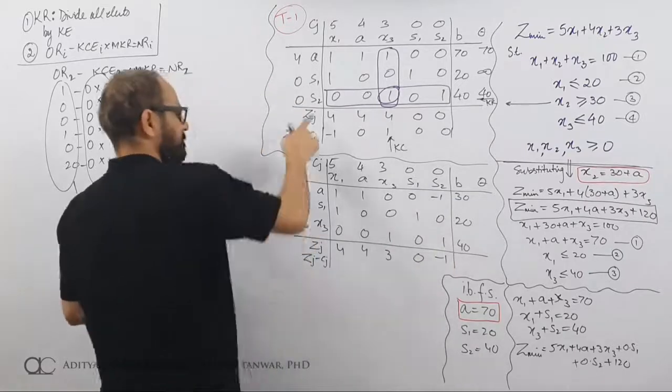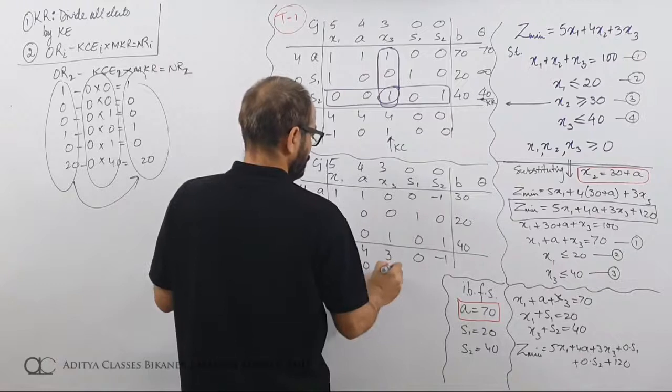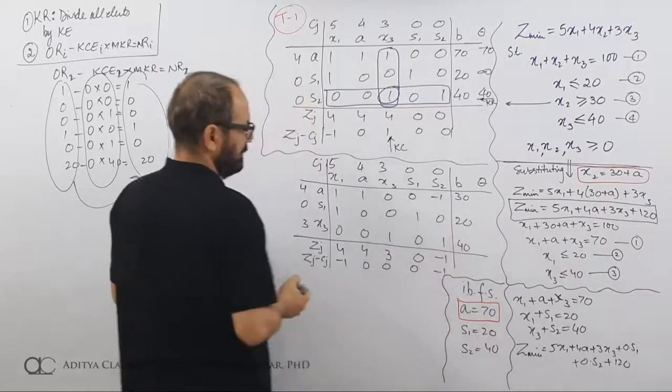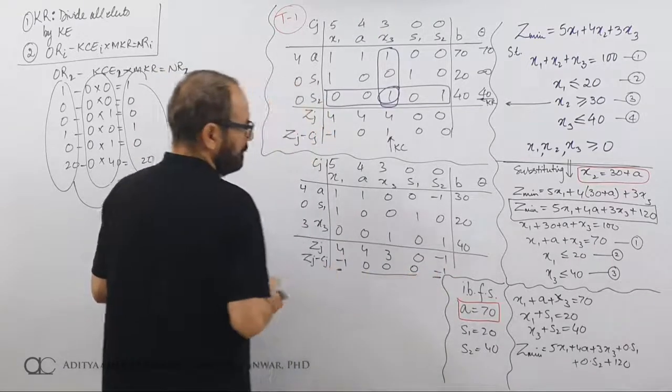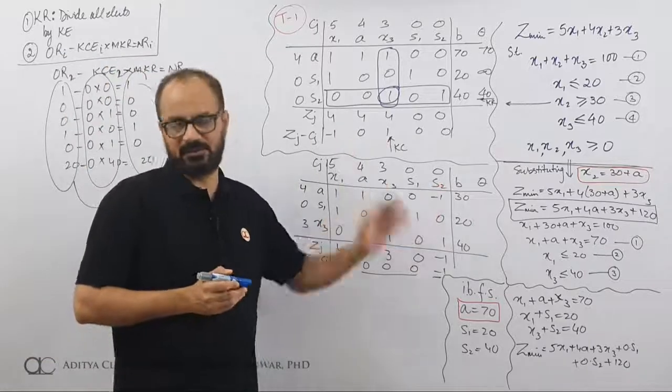Then we have Zj minus Cj: 4 minus 5, minus 1, 0, 0, 0, Zj minus Cj, minus 1. Everything is either 0 or negative, so we can stop at this point and say that this is my final solution.